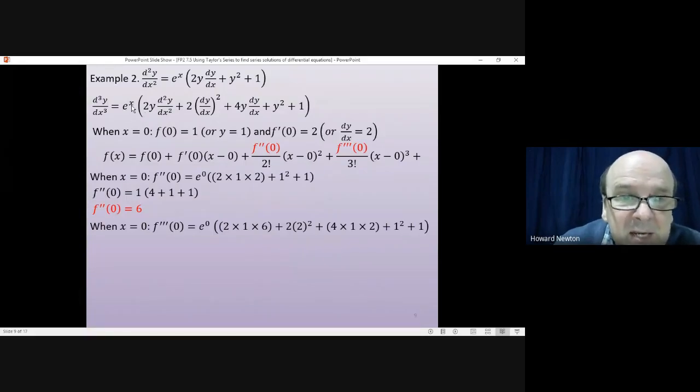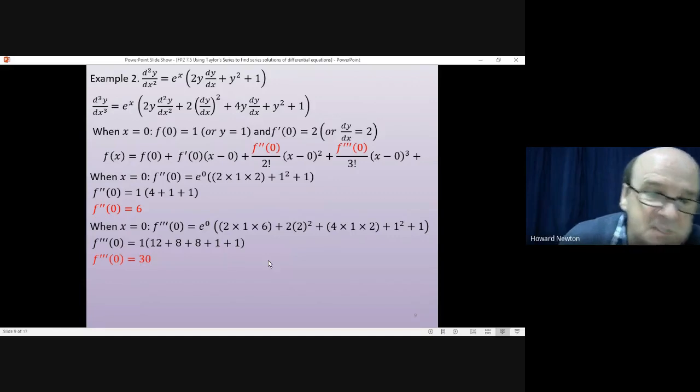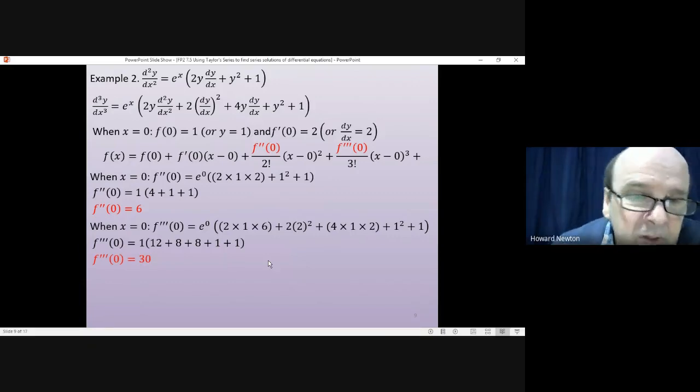So x is 0, d2y by dx squared, we just worked out, that's 6. dy by dx, we were told in the question, is equal to 2. And y, we were told in the question, is equal to 1 when x is 0. So substituting all those values into there and tidying it up gives us that, which simplifies to the third differential at x equals 0 is equal to 30.